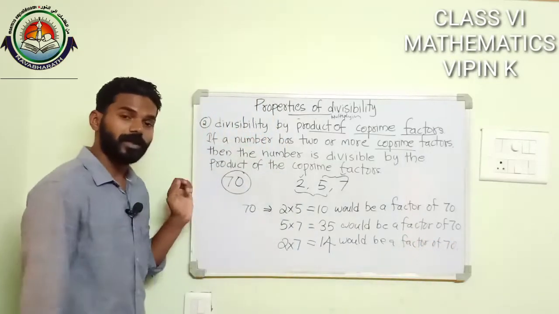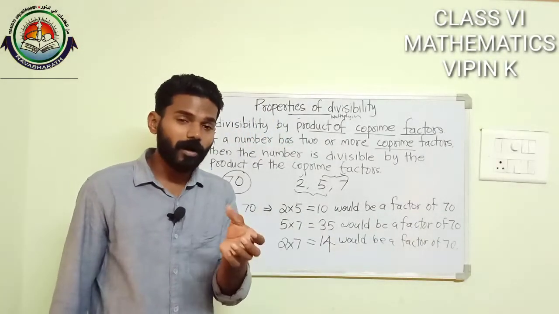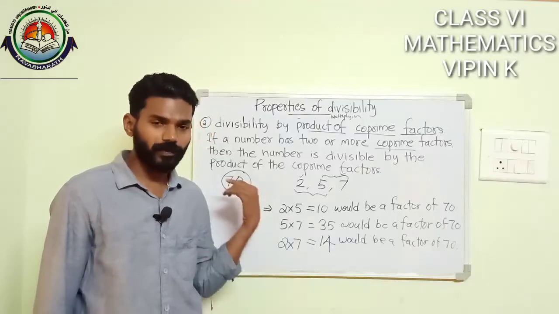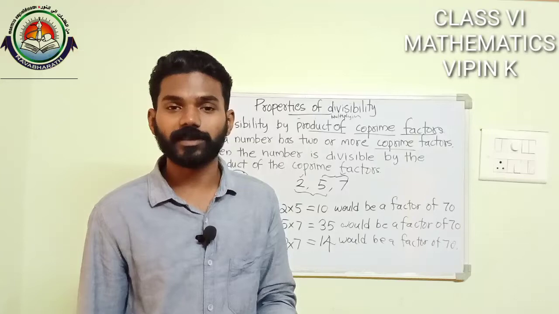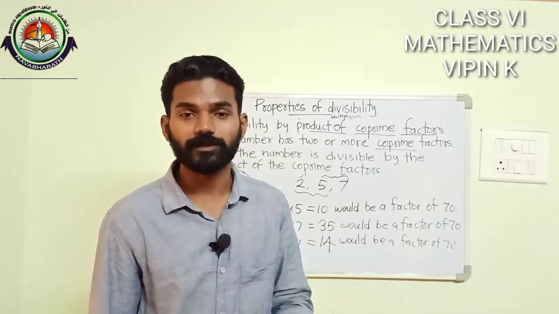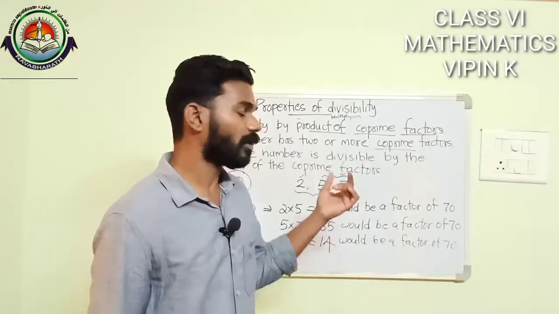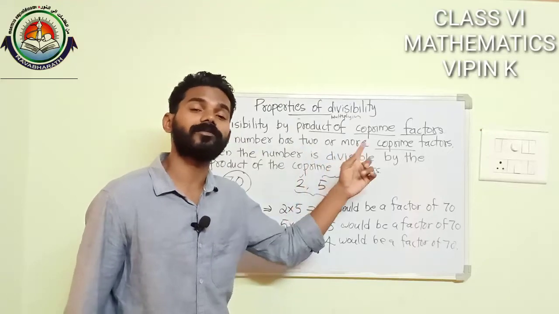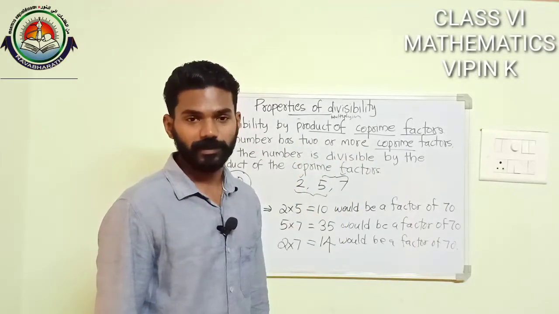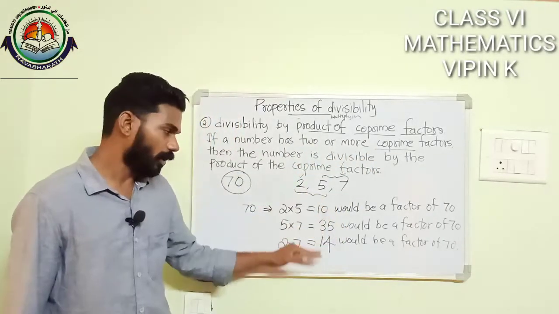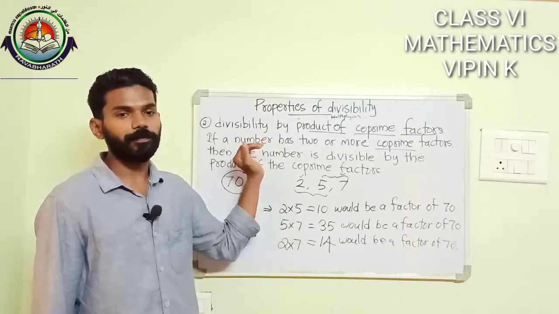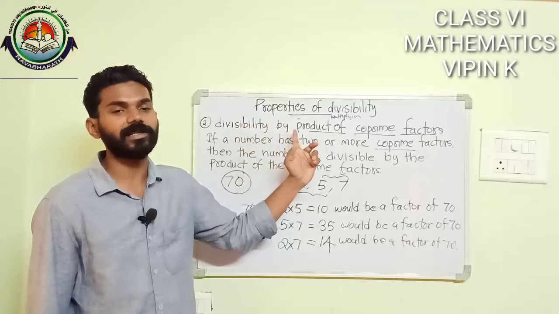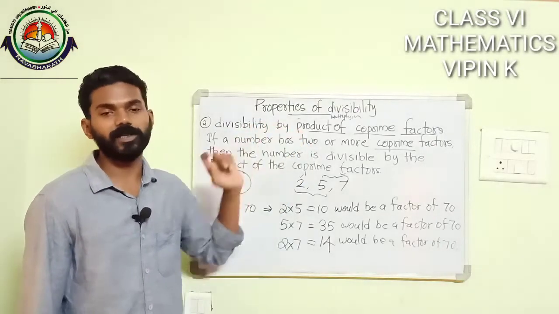So if you have some co-prime factors of a particular number, then you can find other factors by taking the product of those co-prime factors. That is what is observed here. Okay, so I hope you are clear about the second property of divisibility.